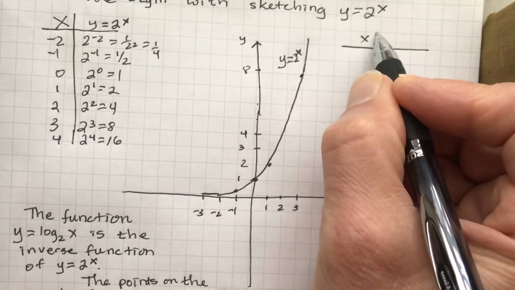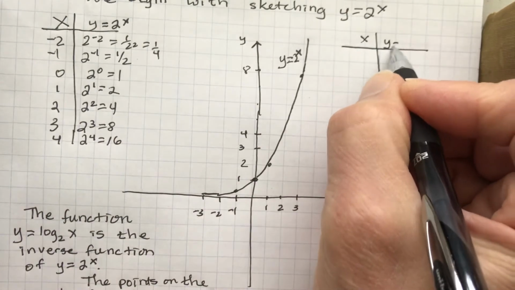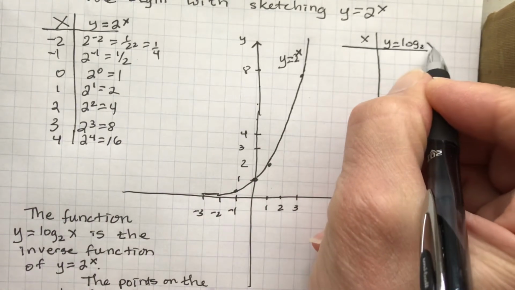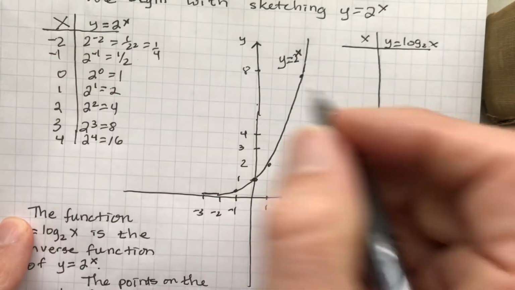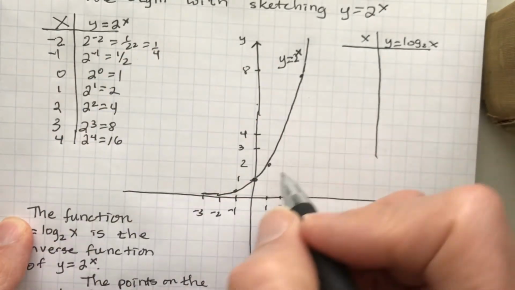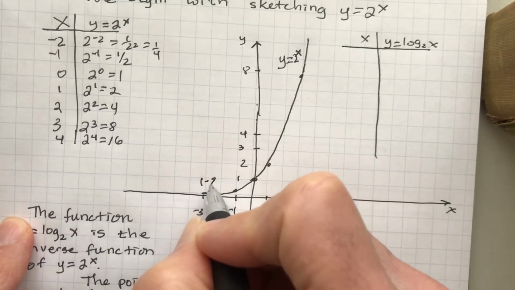I'm trying to fit everything in a little space here. But let's do log base 2 of x. What I'm going to do is take these coordinates here. I have -2, 1/4.